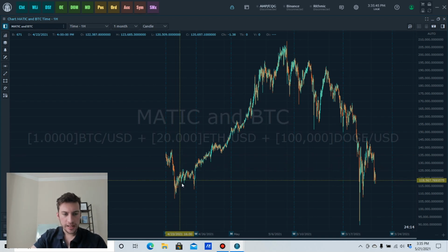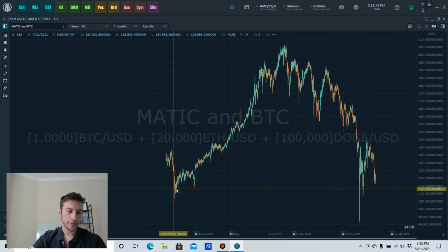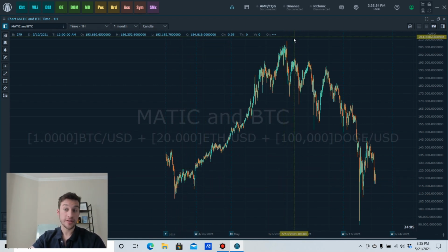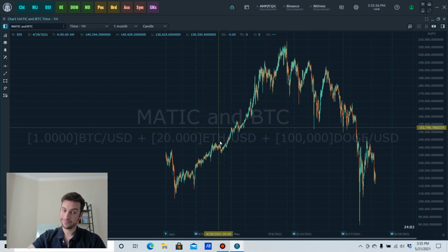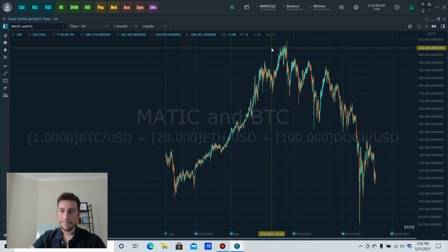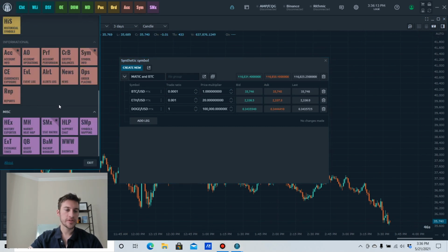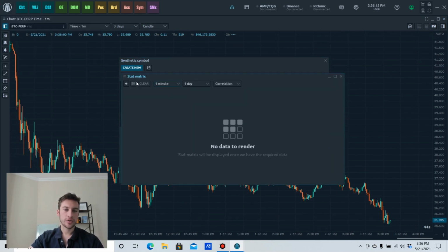So if you had bought 100,000 Doge, 20 Ethereum, and 1 Bitcoin in April, you would have doubled your money, essentially, if you had sold. Important caveat there. This portfolio would be worth about $115,000 right here. So you buy in for about 115K, and then that portfolio will be worth about 205K when it goes up to here. So that is how you can create synthetic symbols, and that is also how we can create correlation matrices.